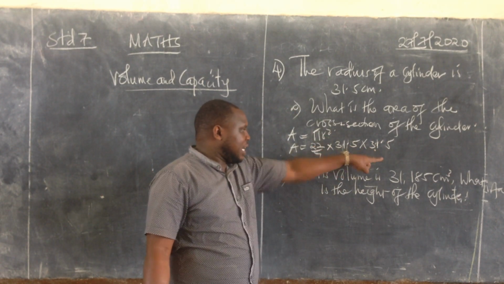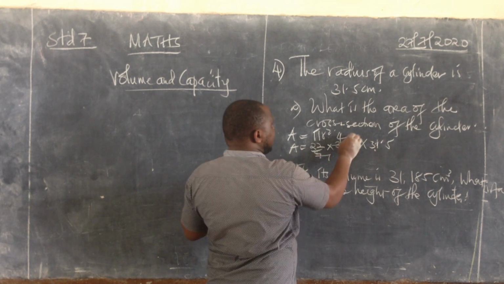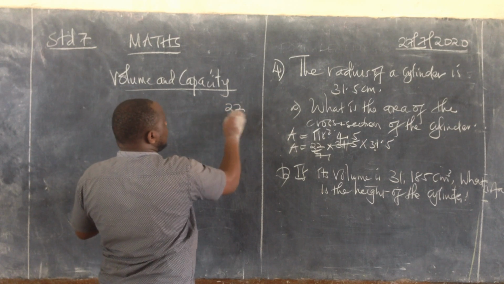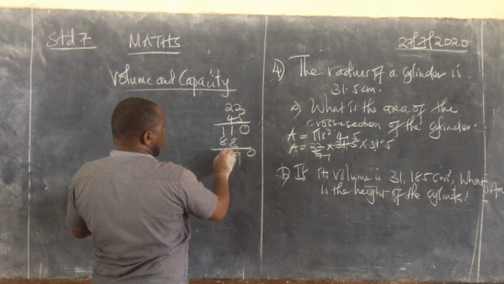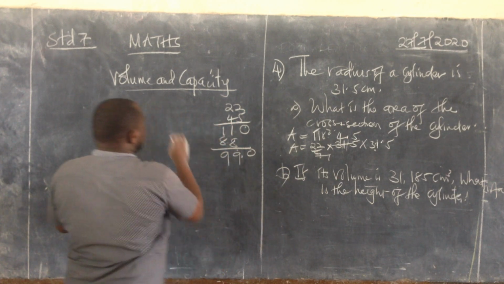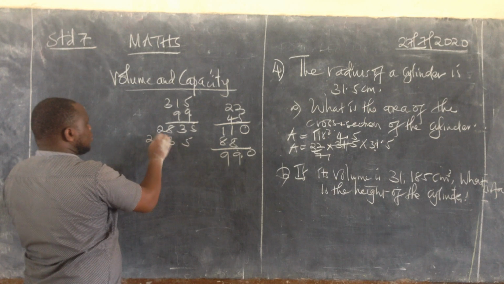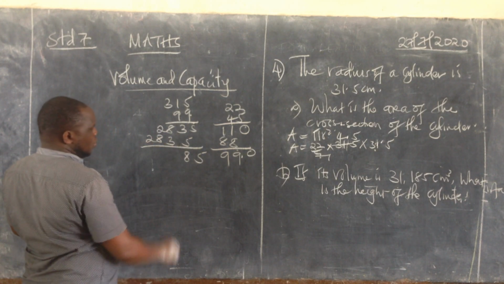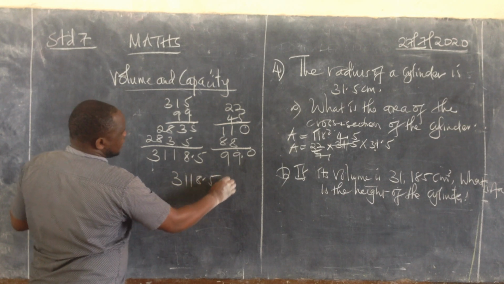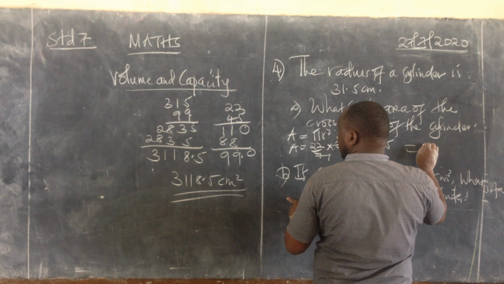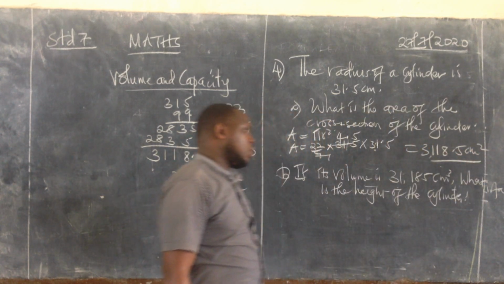So 22 times 4.5 times 31.5 gives 99 times 31.5, which is 3118.5. So our answer is 3,118.5 centimeters squared, because we are looking for the cross section area.